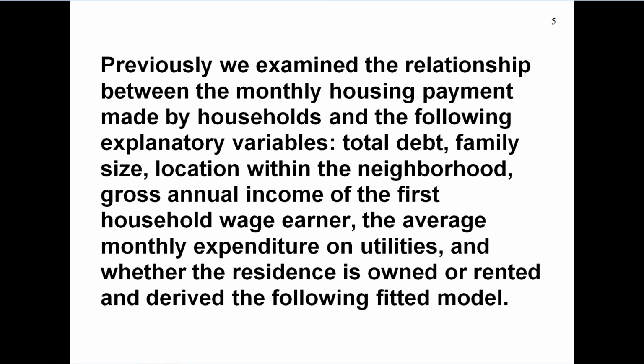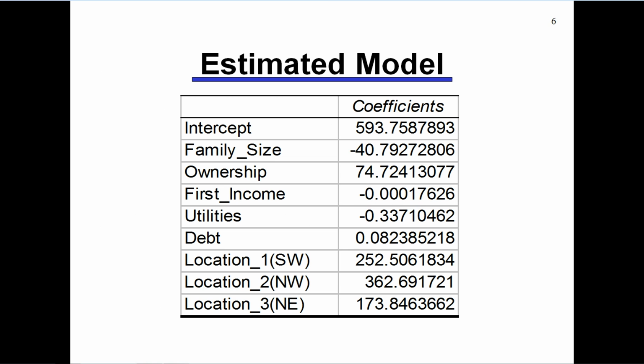Now, we'll have a lot more to say about qualitative variables as we make our way through the course a little bit later, but for now I do want you to recall that we built a multiple linear regression model using the variables family size, ownership, first income, utilities, debt, and the 3 dummy or indicator variables, loc 1, loc 2, and loc 3.